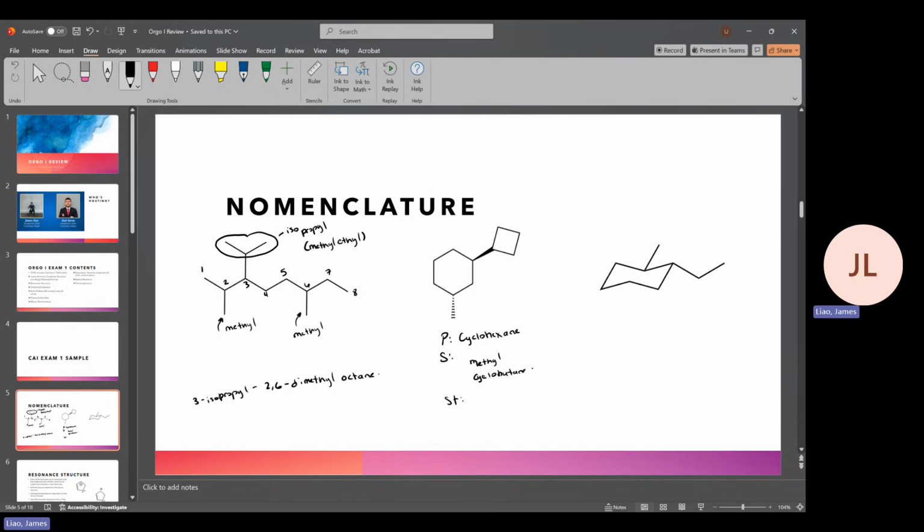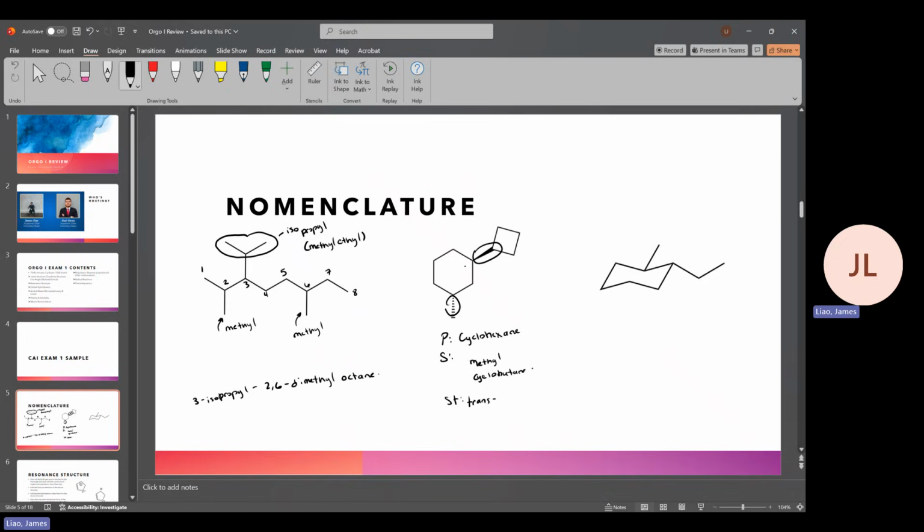Since we see a wedge and a dash together, which means they're going in opposite directions, wedge means it's pointing towards you, while the dash is pointing away from you at your plane. We're going to have trans. So I'm going to write that as trans.